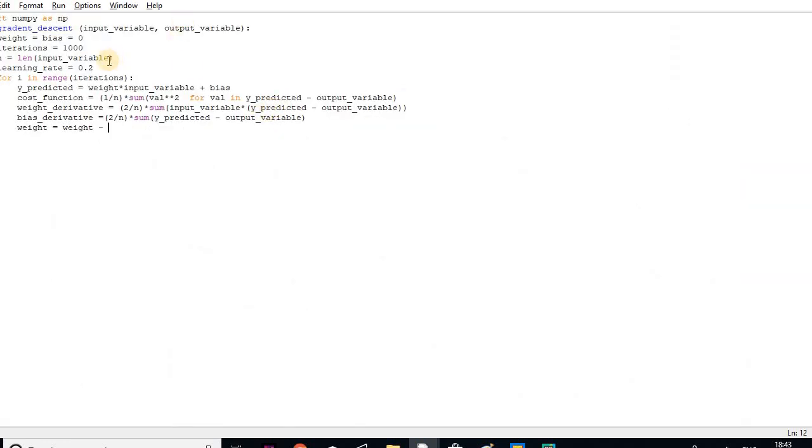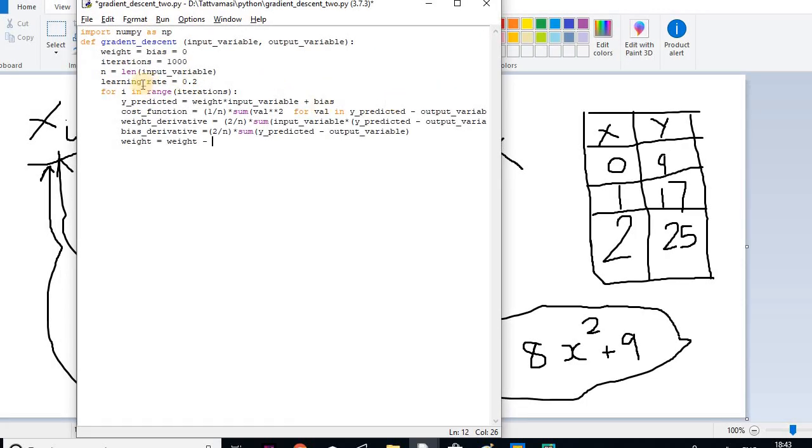So we can copy that variable. This is your learning rate that I put here. So weight is equal to weight minus learning rate into this weight derivative, whatever we got in the above step.